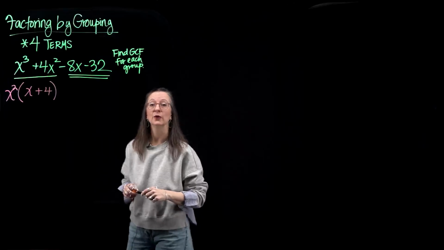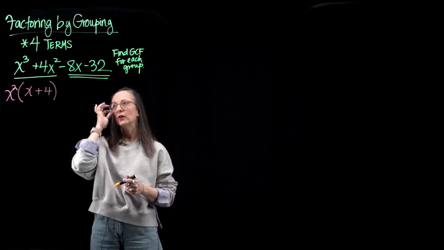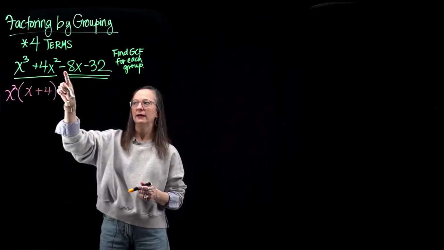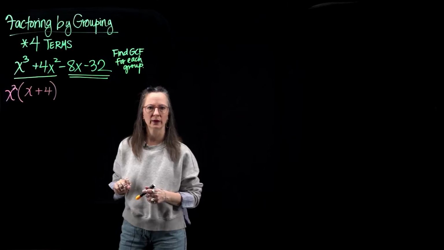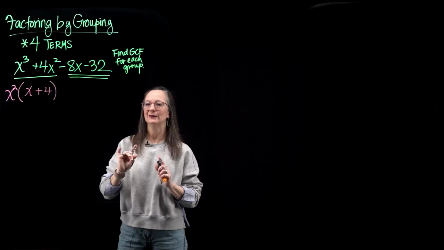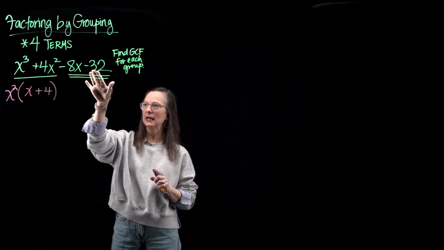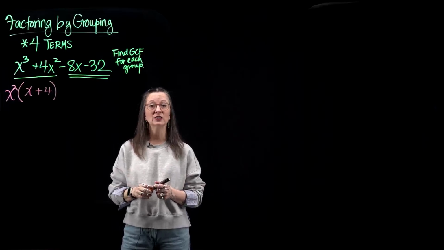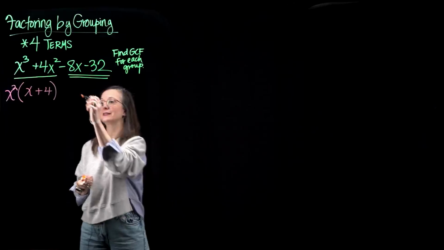Let's look at the second group. On the second group, I have a minus 8x minus 32. Now that minus is super important, and we don't want to forget it's there. So when we have minus 8x and minus 32, they do have a common factor. It's minus 8.